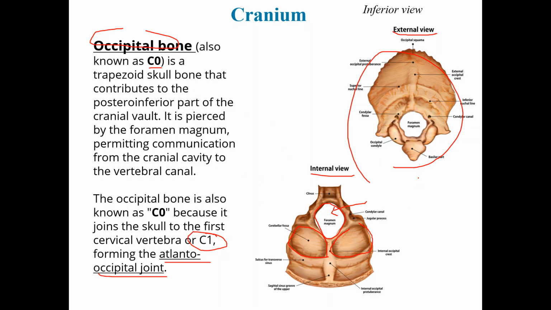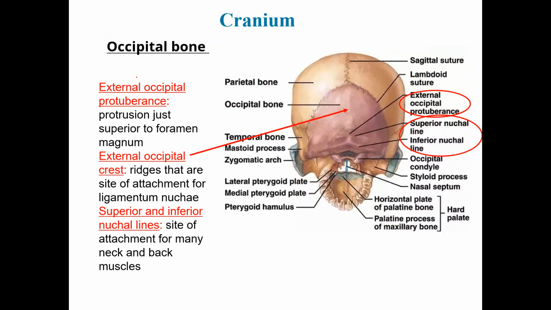An important feature of the occipital bone is the external occipital protuberance, which is right here, superior to the foramen magnum. The foramen magnum is here, sorry. This one, so the protuberance is superior to the foramen magnum.